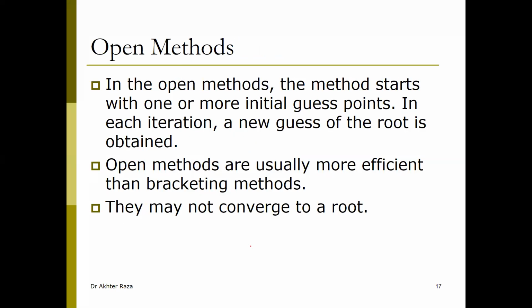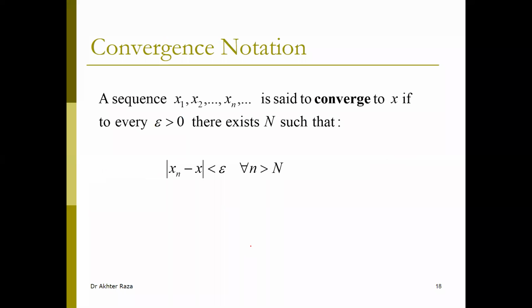In the open method, we have one initial point as a guess, and we search for the root with the help of that single point. So in the bracketing method, we search within a bracket, and in the open method, we search with the help of a single point. That is the difference between the two. If the error becomes smaller, we can say that the series converges and we may get a root.